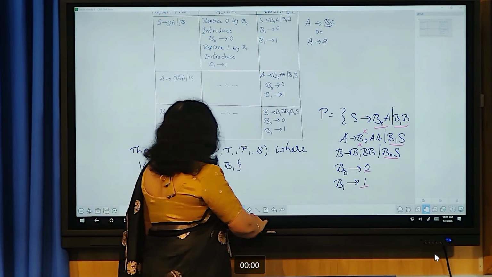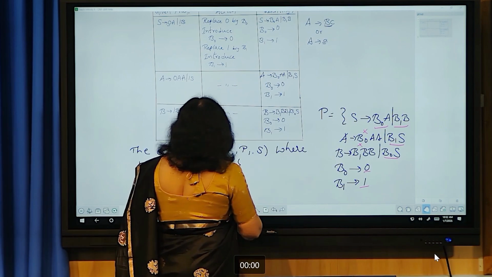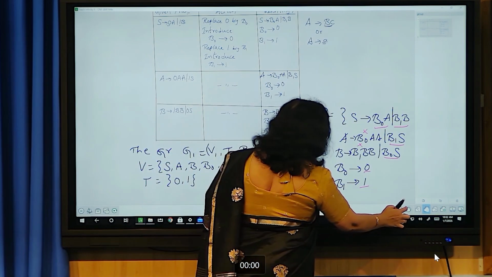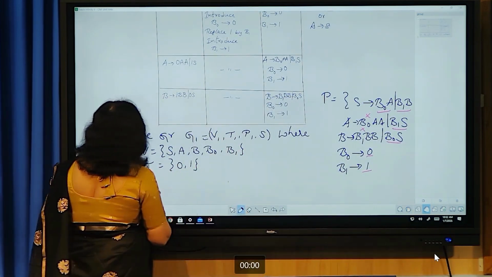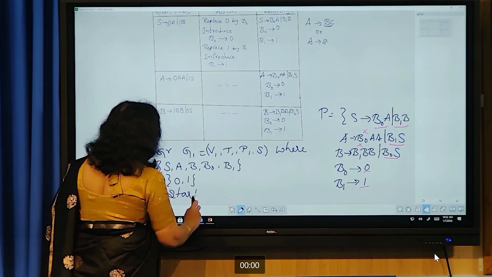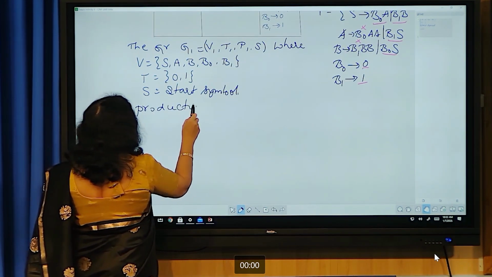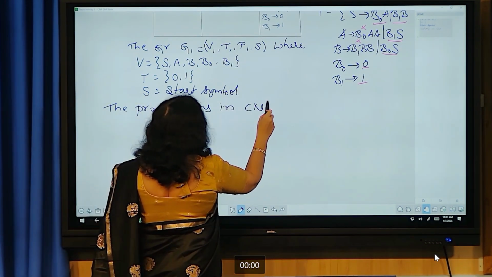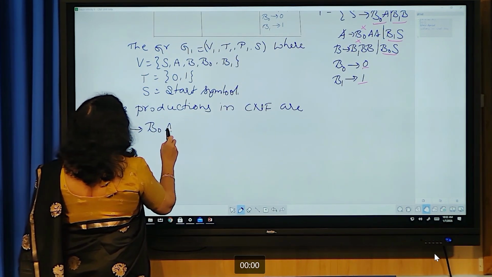So we will have to bring those two into CNF, right? So now let us complete this grammar first. What is the start symbol? S is the start symbol.